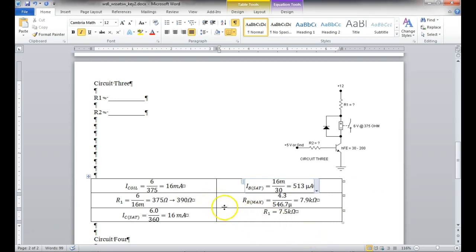Okay, got you. And then RB was 9.5K instead of 7.9, right? Oh, okay, going the wrong way.